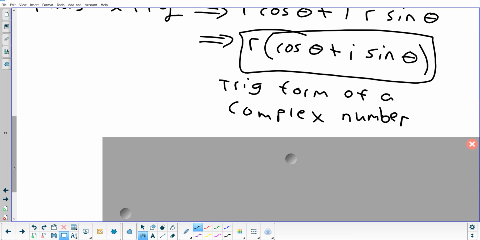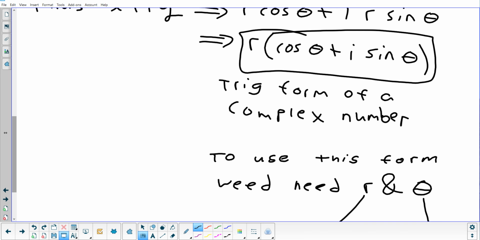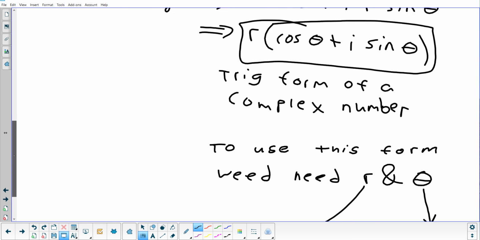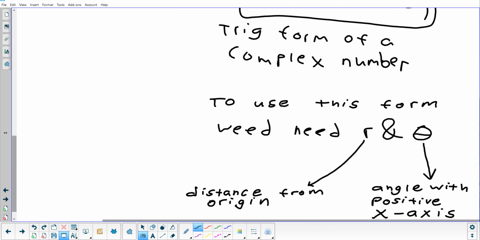So even in this form, there's still two numbers you have to write. You have to write a number for the radius, and you have to write a number for the angle. So remember, r is the radius, theta is an angle. And we've already talked about how to find r, right?